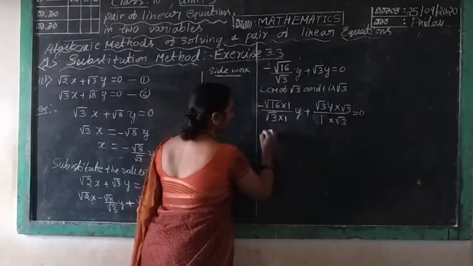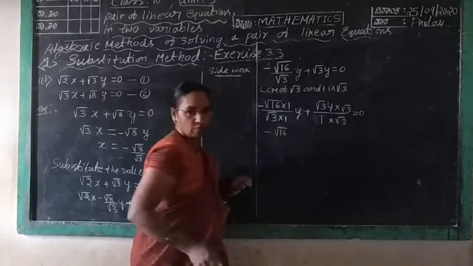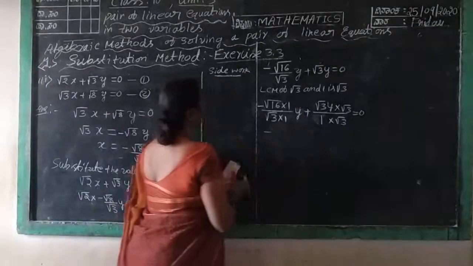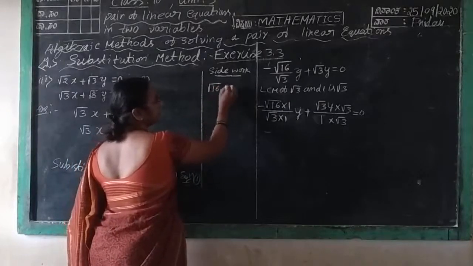Then multiply this. Minus 16 is written as minus 4, because we know that the square root of 16 is equal to 4.